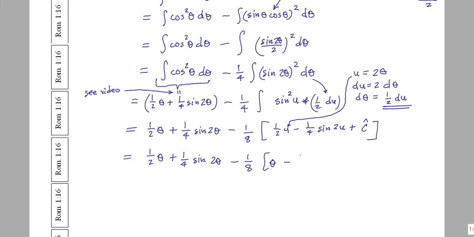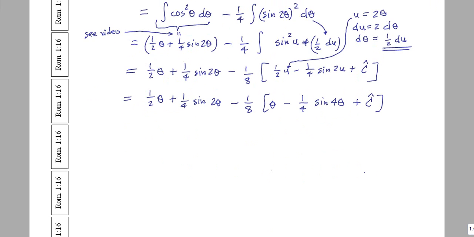And then you get minus a quarter sine of 2u, which is 4 theta, plus this c hat constant. And then let's combine like terms. So I have a half of theta and I've got a minus an eighth of a theta. So let's get the common denominator of 8. We get 4 minus 1 theta, and that takes care of this term as well as these 2 terms.